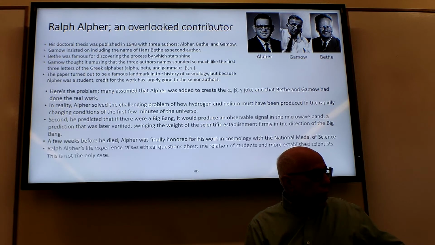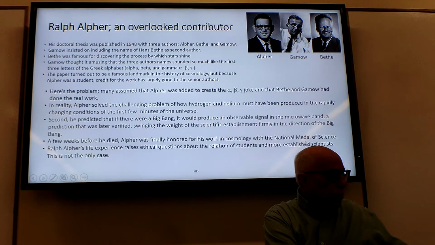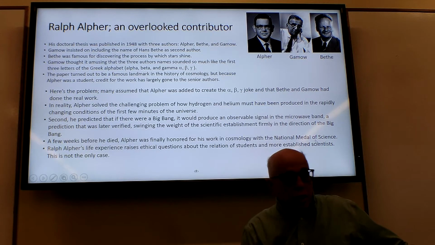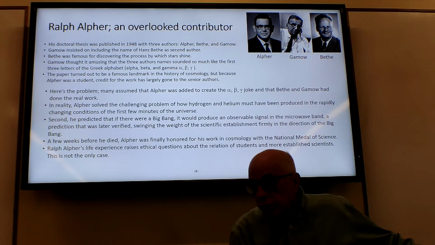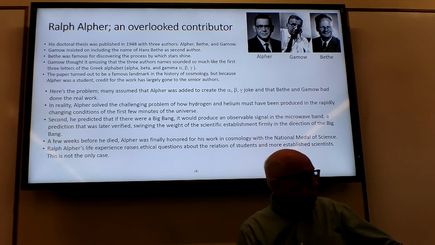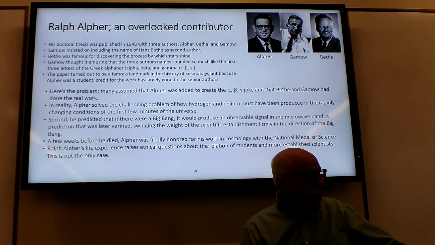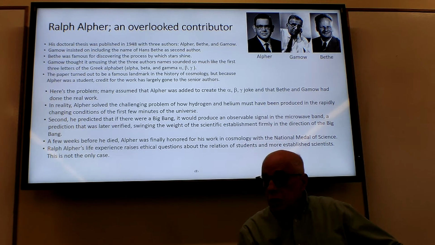Right before Ralph Alpher died, he was awarded the National Medal of Science. There was enough noise from the community of astronomers to try to get him some credit. The last few lines of this page address the issue of the relationship between faculty members and students, and the issue of fairness. We know about problems women have with faculty members.